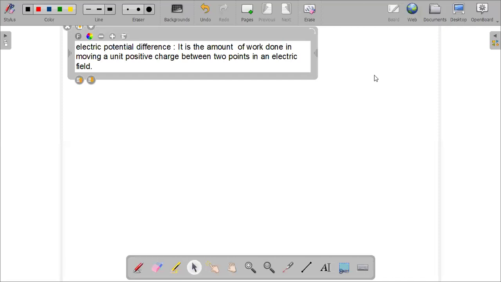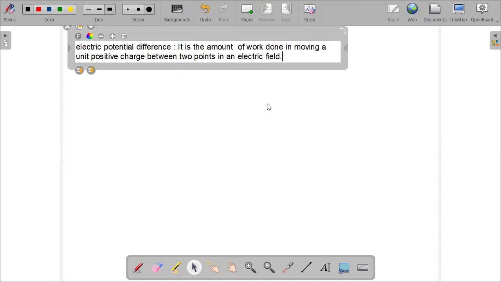So whatever is the amount of work done in moving a charge from one point to another in an electric field, that work done per unit charge is equal to the electric potential difference between the 2 points.